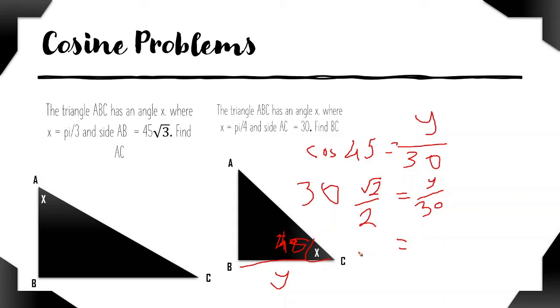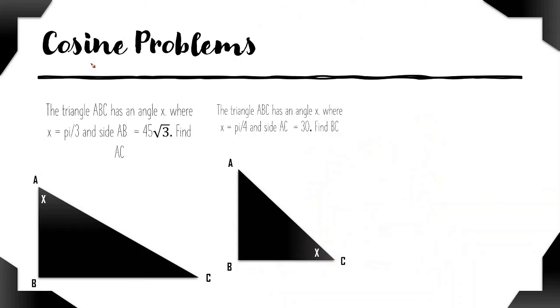And we can multiply that by 30, which we get 21.21 is equal to y. So that's our answer. So 21.21, which would equal a nice and simple 21 for our answer over here. Okay, and for the next problem.